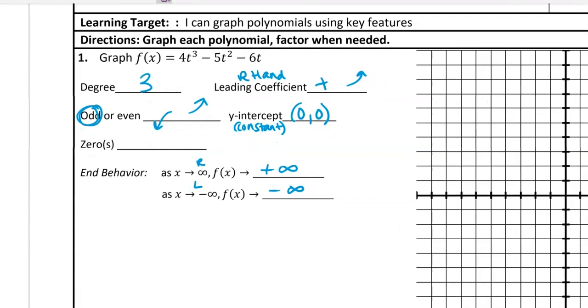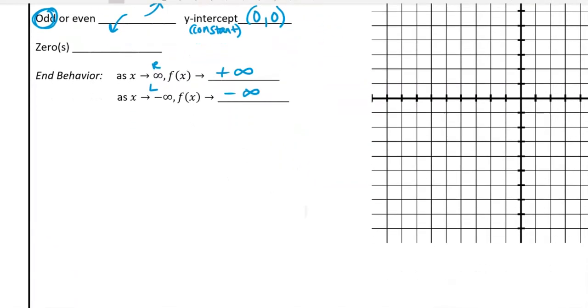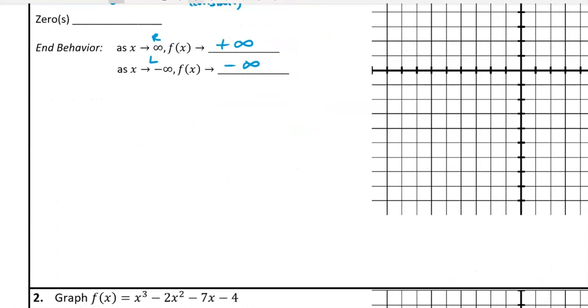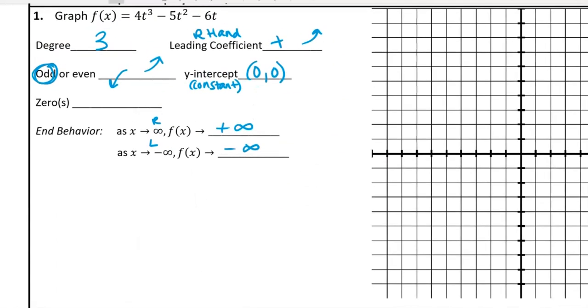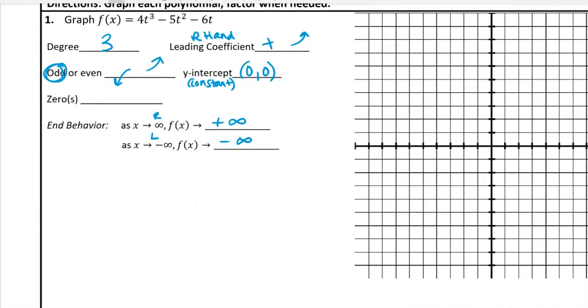All right, now let's work on the factoring here. So anytime we try to factor a polynomial, we're going to copy down the polynomial first and foremost. 4t cubed minus 5t squared minus 6t. Set it equal to 0.